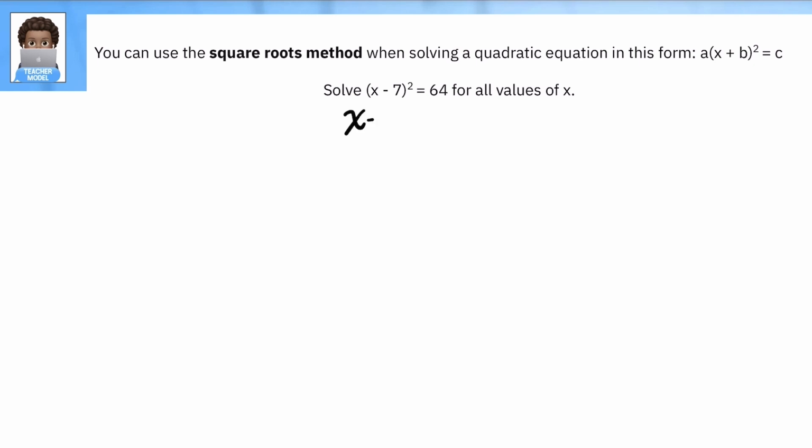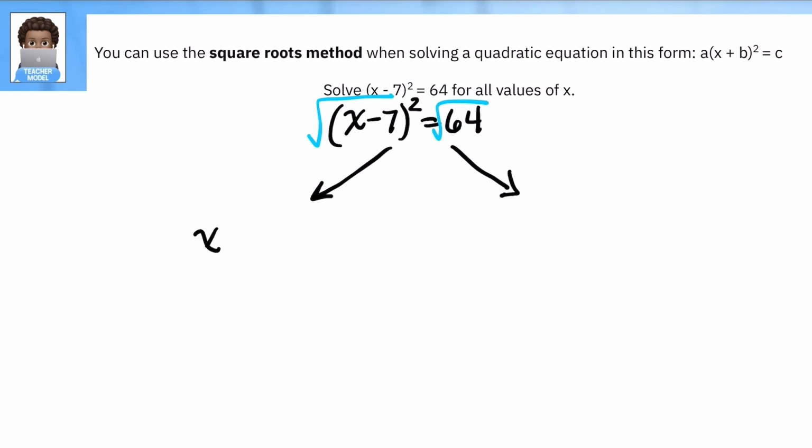So I have x minus 7 squared is equal to 64. My first step is, because x minus 7 is within a parentheses and is all squared, I'm going to find the square root of the entire expression. So this would leave me with x minus 7. Now, this is actually where my two different paths come into play.